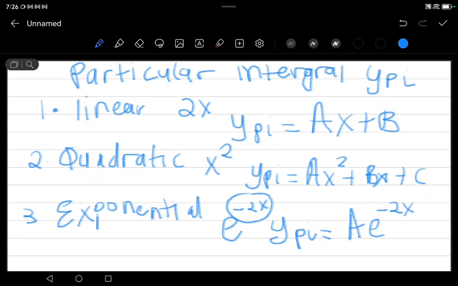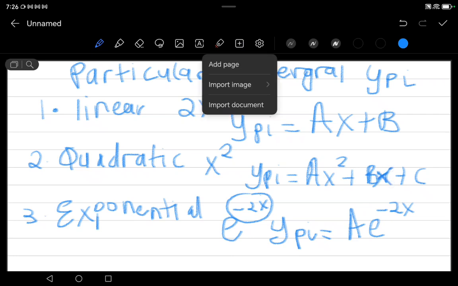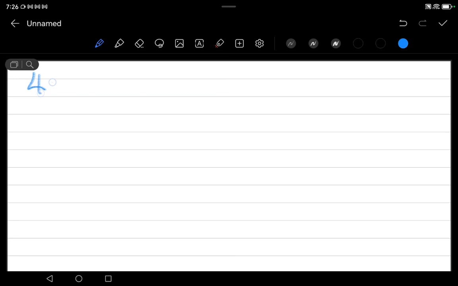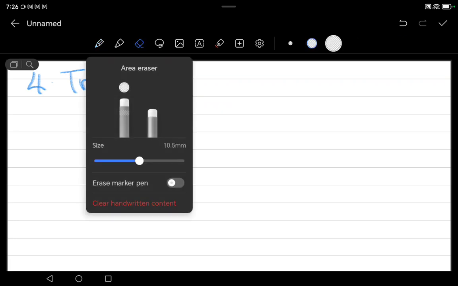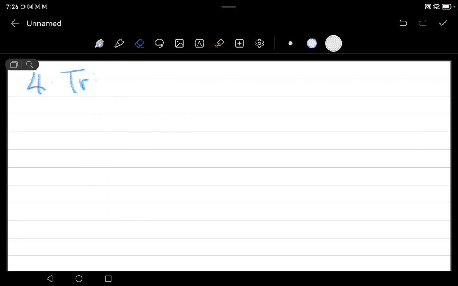And then number 4, we have trigonometric.